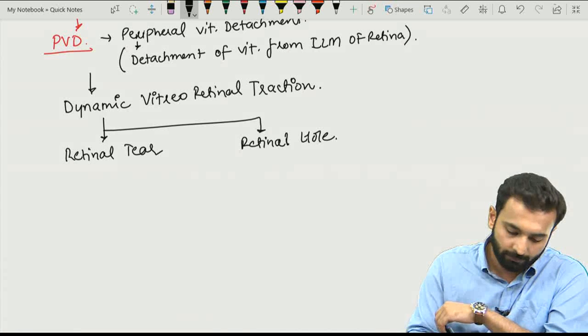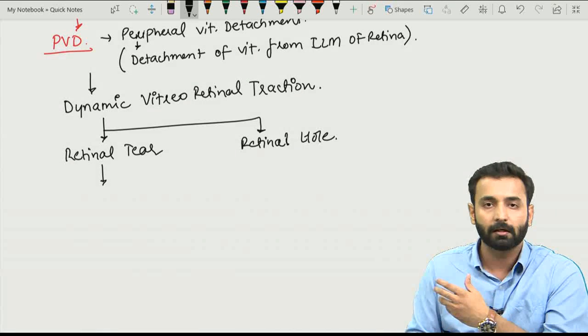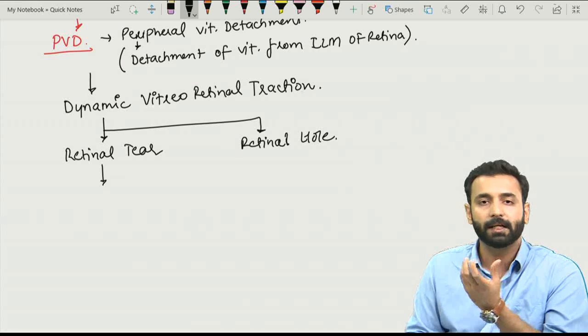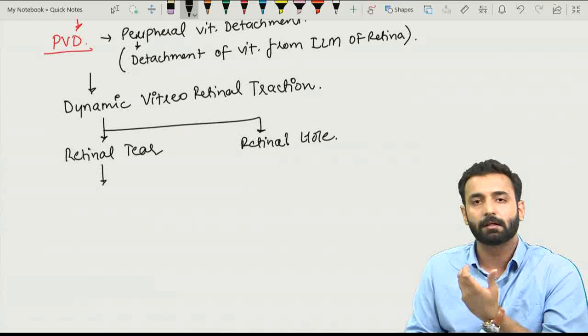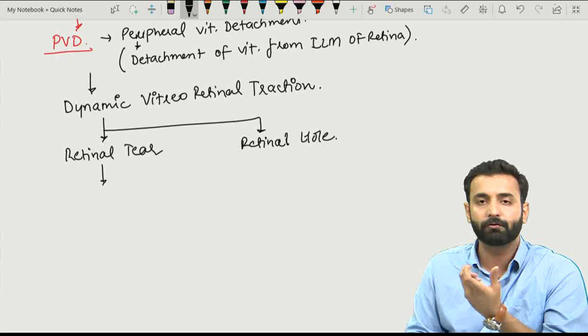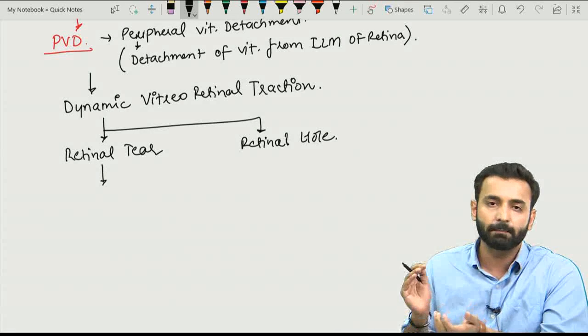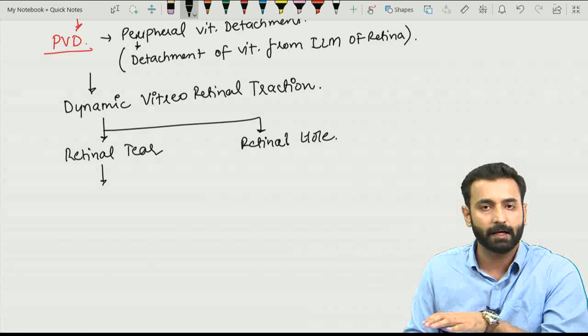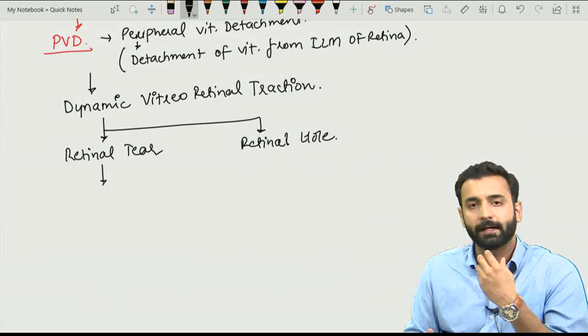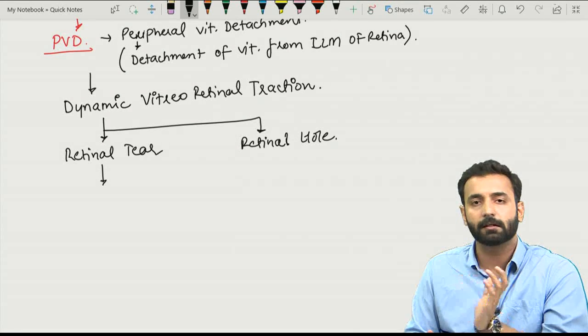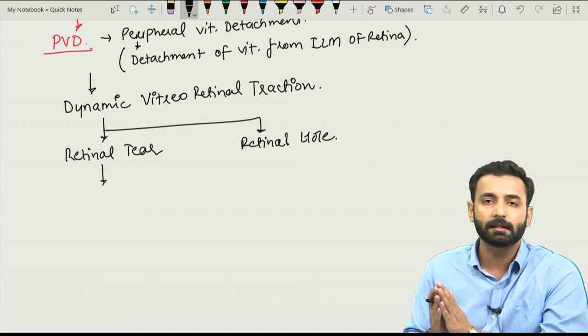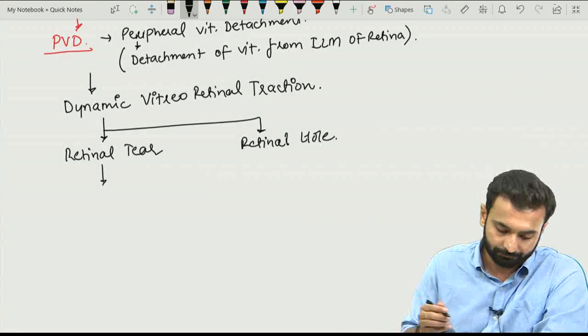So what happens once a retinal tear has occurred? The vitreous has become liquefied. As we discussed, there is syneresis, meaning liquefaction of vitreous has occurred. The liquefied vitreous will seep inside the retina because of the retinal tear, entering the subretinal space.